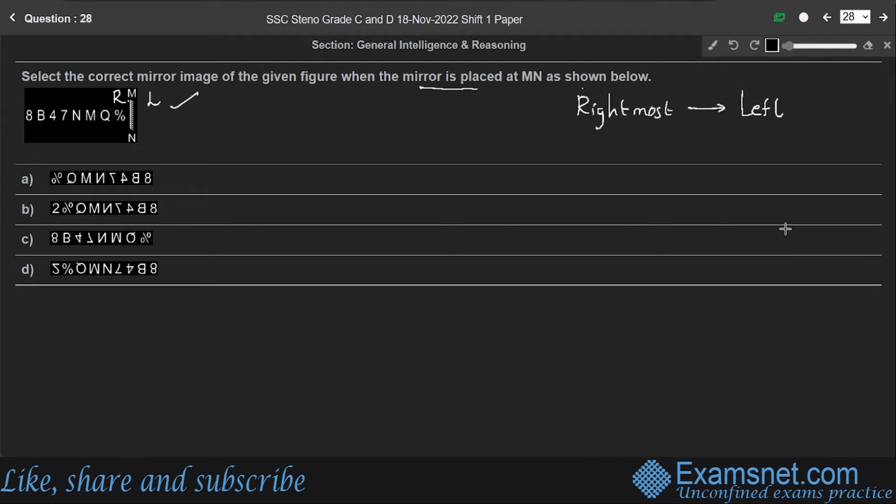Therefore, this percentage mark looks like this, right?